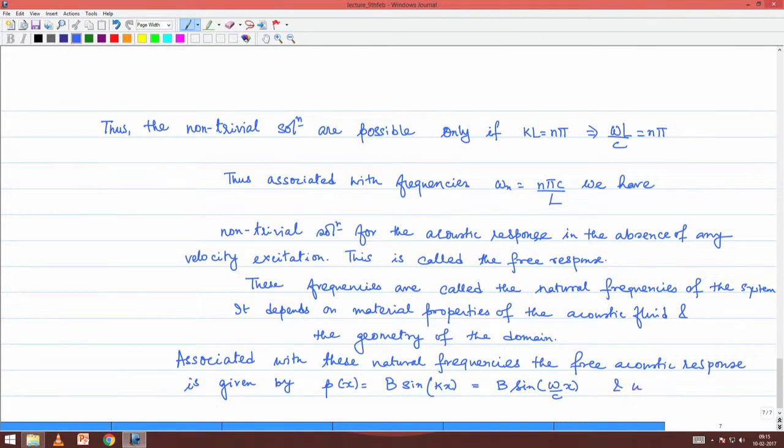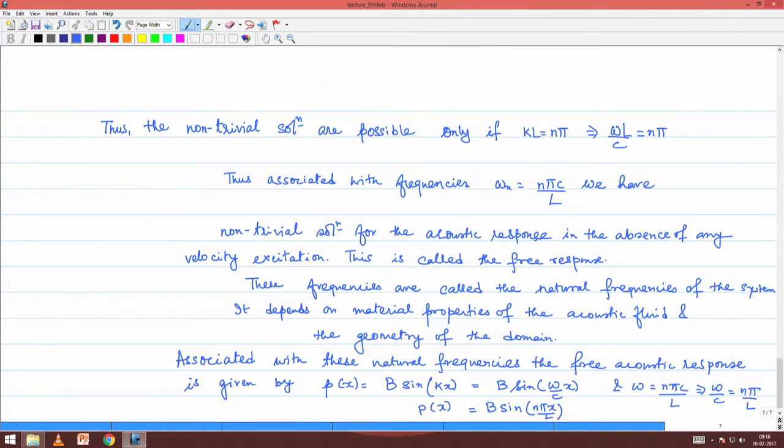And omega is n pi c by L, which means omega by c is n pi by L. Therefore, P of x could be written as B times sin n pi x by L.